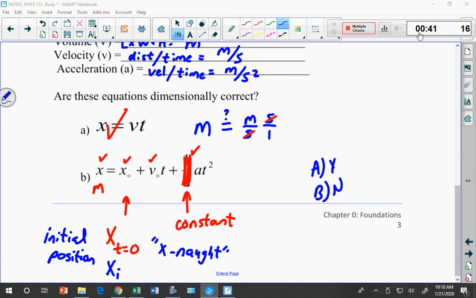A yes, B no. And we have equal values. Half of you think yes, half of you think no. Ask your neighbor, share your notes, what you did, how you did it.